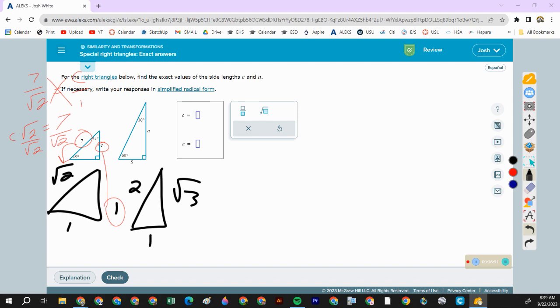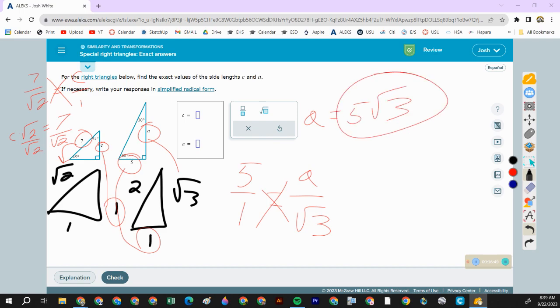Okay. And then over here, 5 over 1 is equal to a over root 3. Cross multiply. A equals 5 times root 3. So that is your answer.